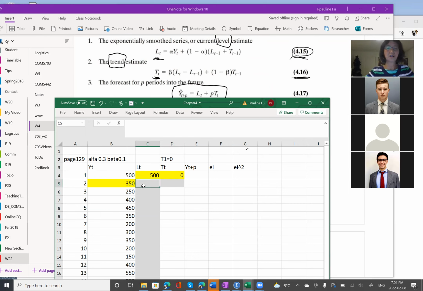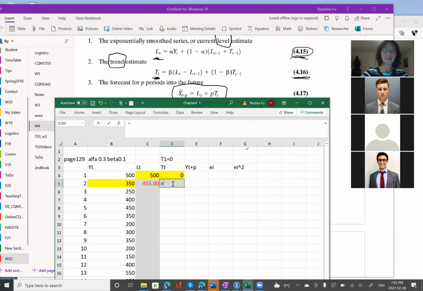So how? You use alpha, given as 0.3, times the number on the left, plus 1 minus alpha times the number above, two numbers added together. You just follow this pattern and you get L. So what is L2, T2?